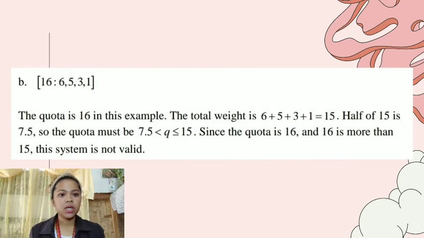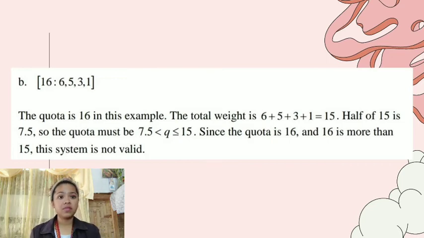Another example: we have a quota of 16. Now we have the weights of 6, 5, 3, and 1. Now this is going to be added. 6 plus 5 plus 3 plus 1 equals 15. The total weight of this is 15.